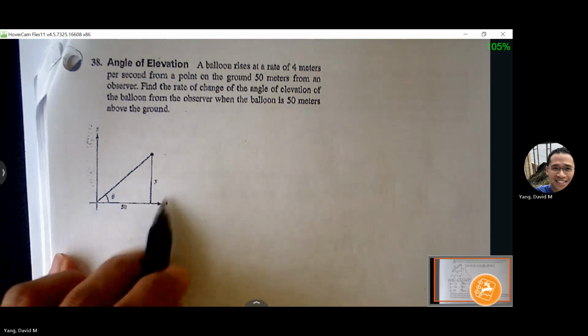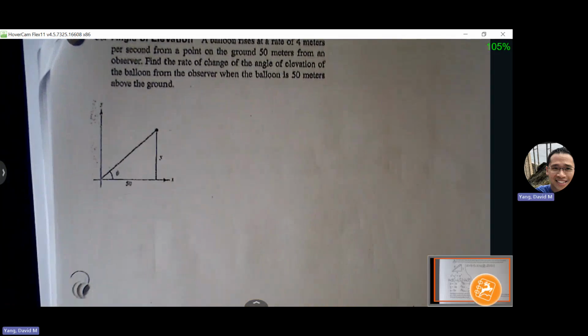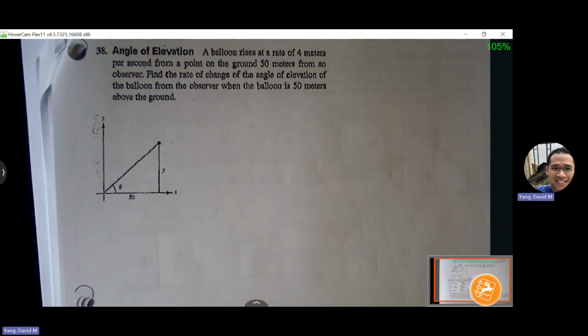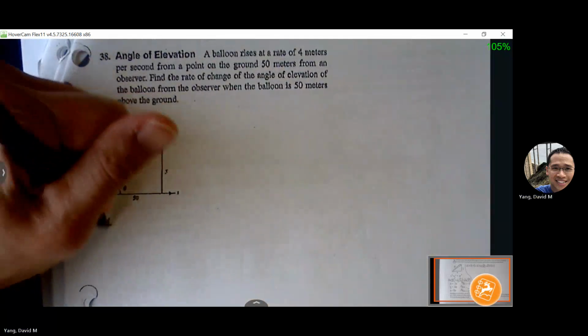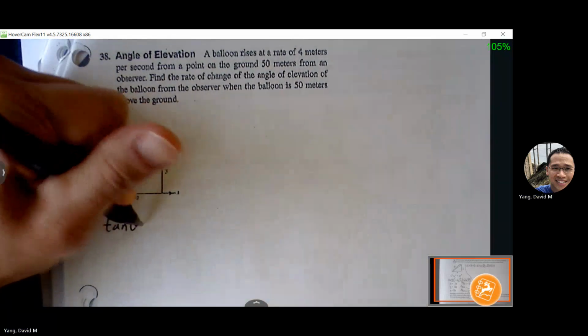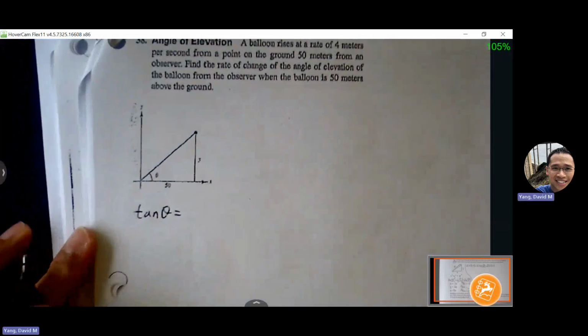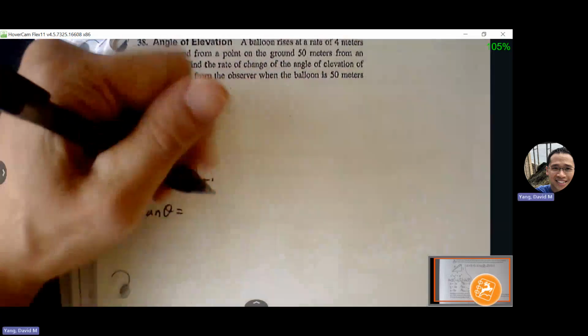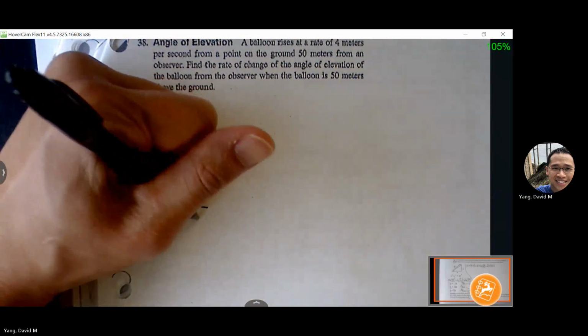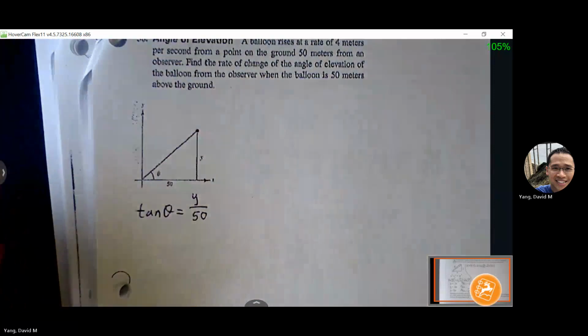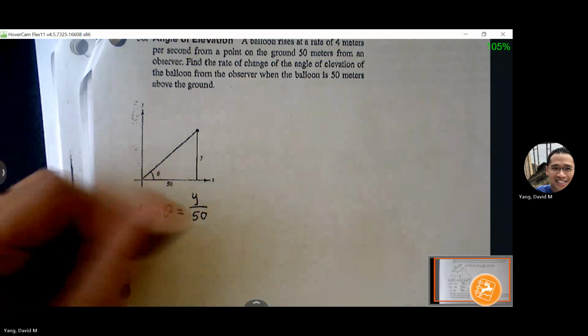Okay. All right. Which trig equation can we use to start off? Tangent. Okay. Tangent theta equals y over 50. Okay. Derivative.